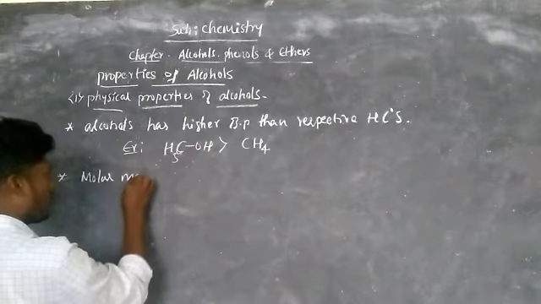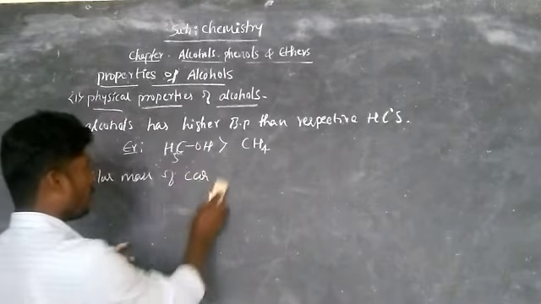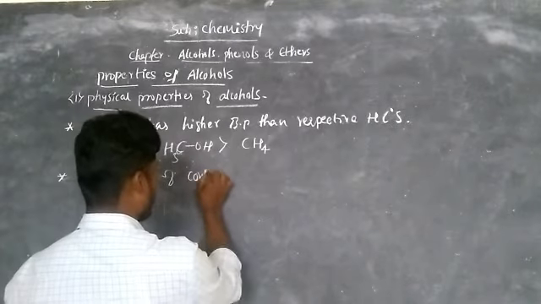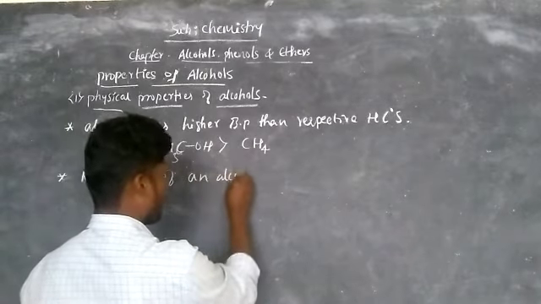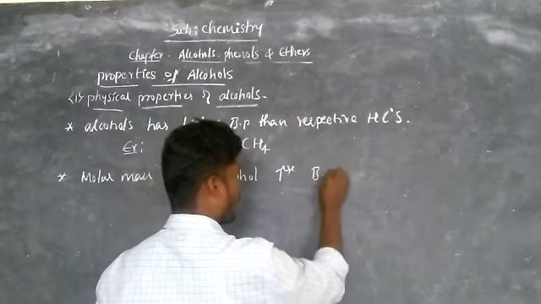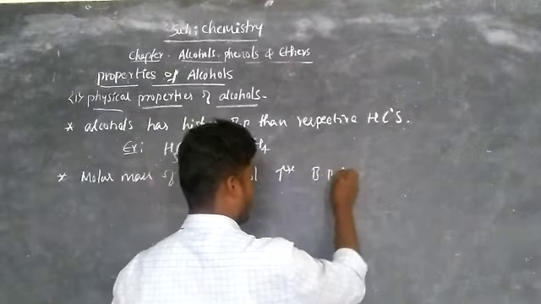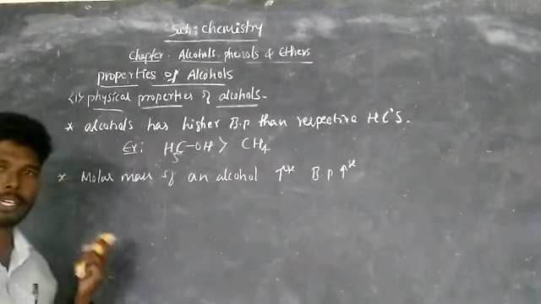Molar mass of a compound, or molar mass of an alcohol, increases, boiling point increases. If molar mass is increasing, boiling point keeps increasing.